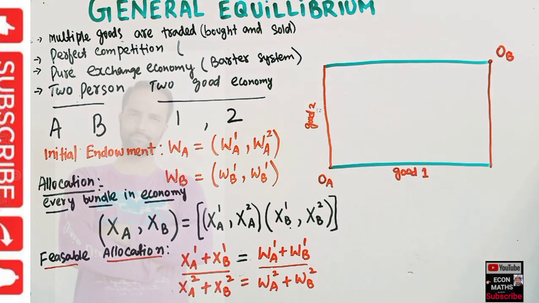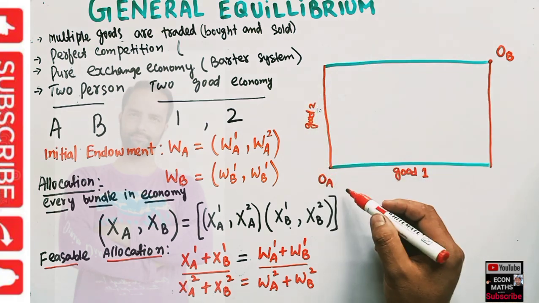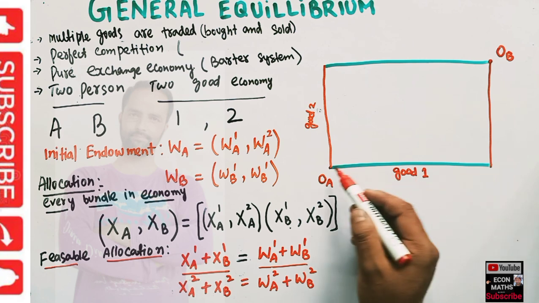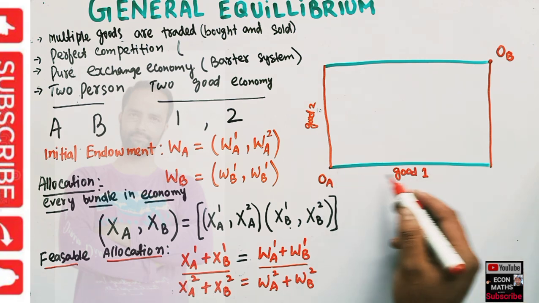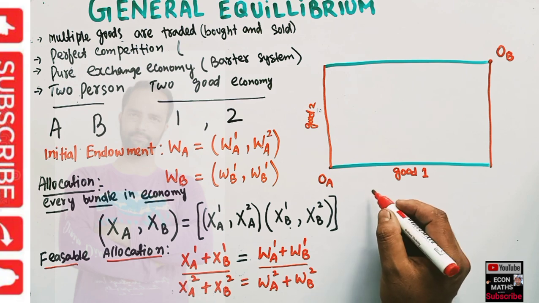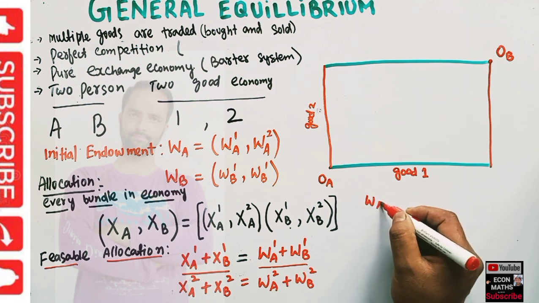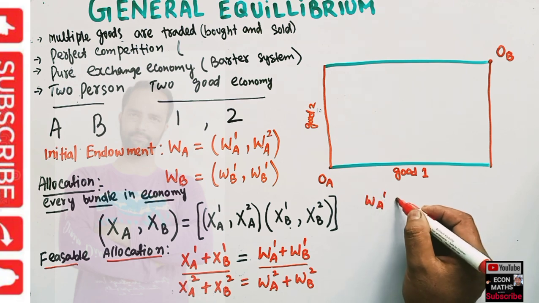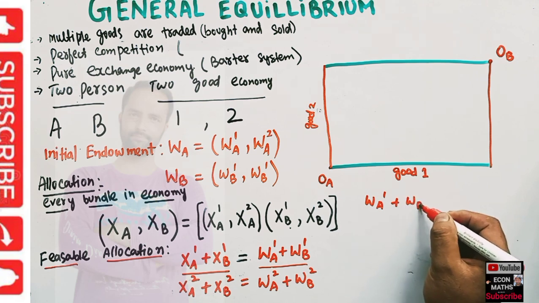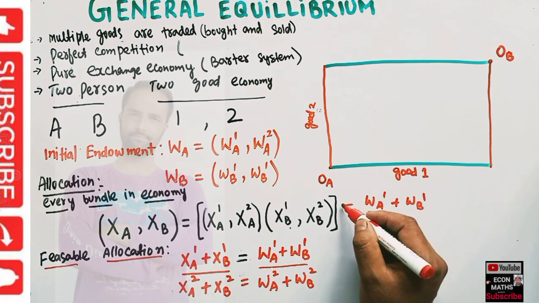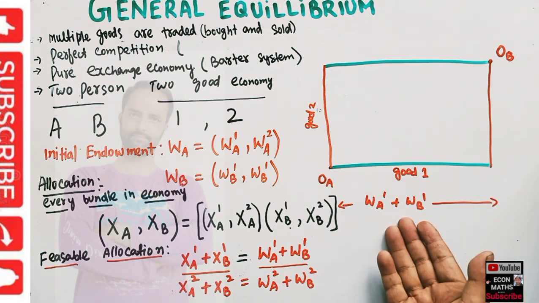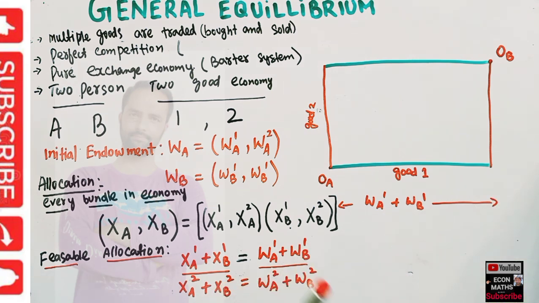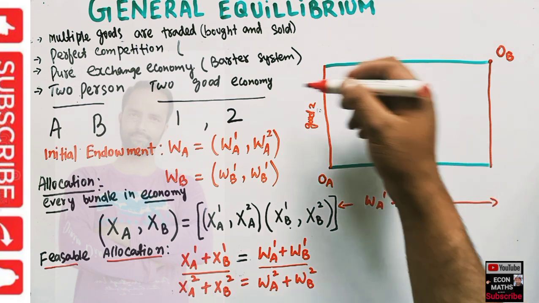Now the width of this rectangle shows us the total endowments of good 1. That means it shows us WA1 plus WB1. So the width of this box shows us the total supply of good 1.